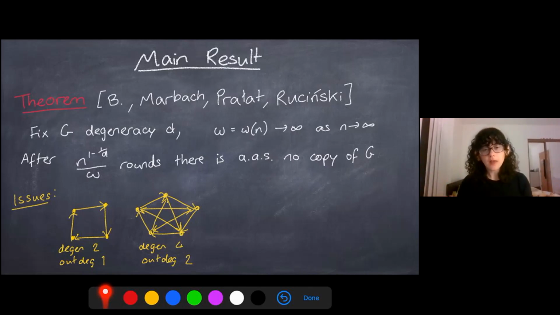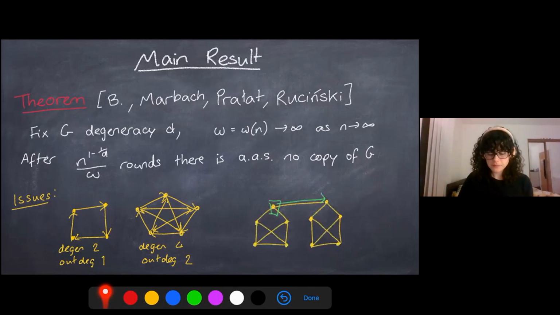The other first instinct is to try to extend the complete graph proof. I mentioned that there's this proof of lower bounds for the complete graph, so why can't we just generalize that? The problem is if there's something like this. What's special about this graph is that if you remove this top edge, you have something with degeneracy 2 that's disconnected.